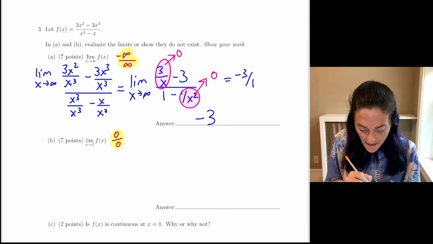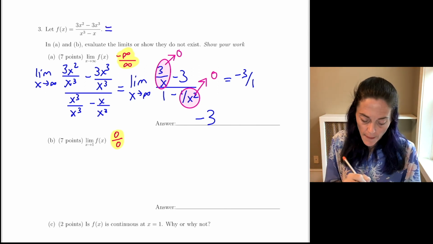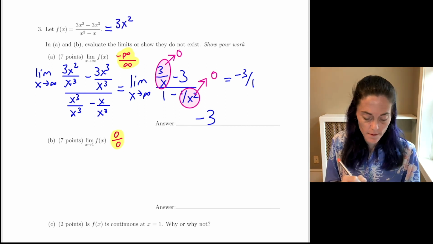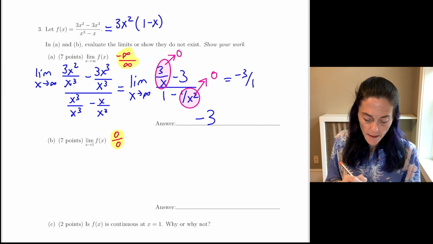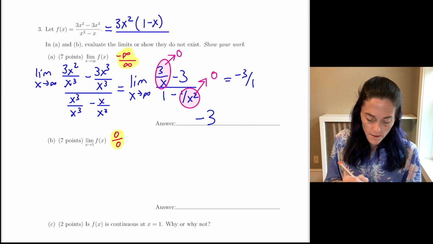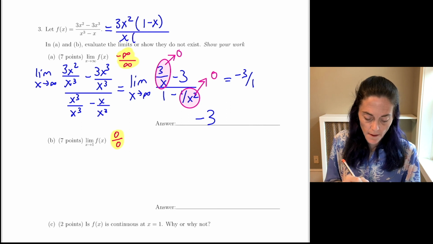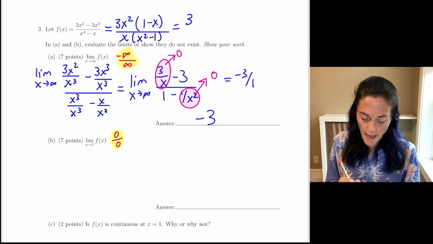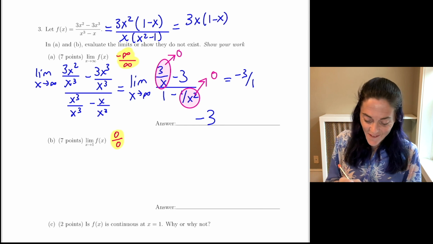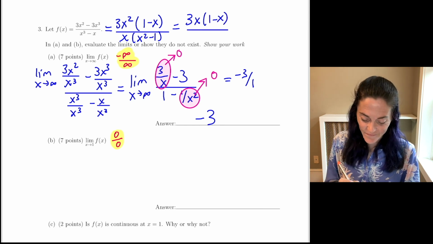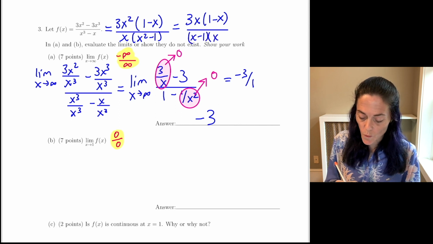Well, let me do some factoring right here. My numerator is 3x squared, and then I have 1 minus x. My denominator, I have an x, and then I have x squared minus 1. So you notice this is just 3x, and then we have 1 minus x, and then we have x minus 1 and x plus 1.